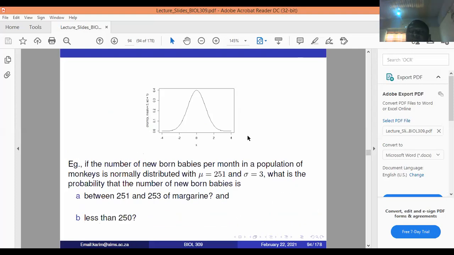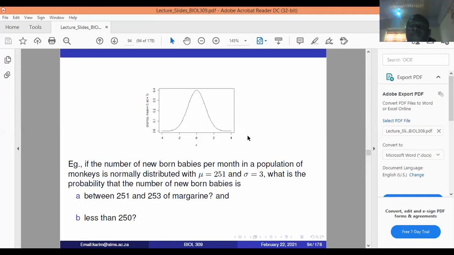Now, if we say that data has a normal distribution, then we have the probability distribution function. Now we want to find out what is the probability that a particular number is between a particular range, or a particular number is greater than the mean.